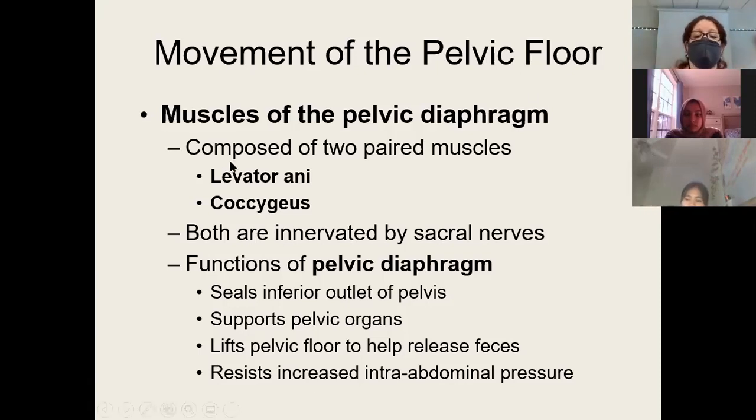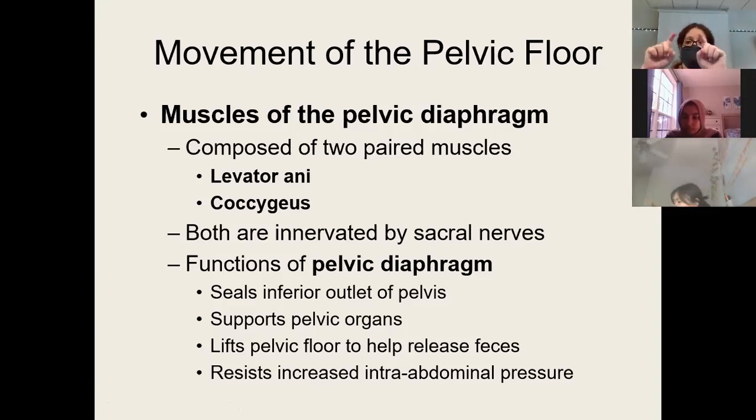The pelvic diaphragm is composed of two pairs of muscles, levator ani and coccygeus. These, unlike the abdominal muscles that were innervated by intercostal nerves, are innervated by the sacral nerve. So they're coming through those sacral foramen in the sacrum.